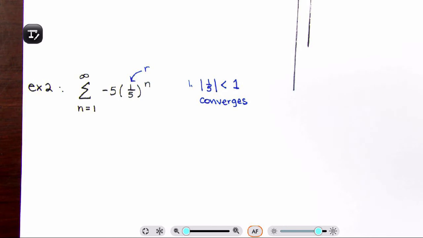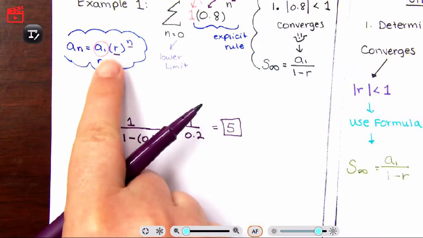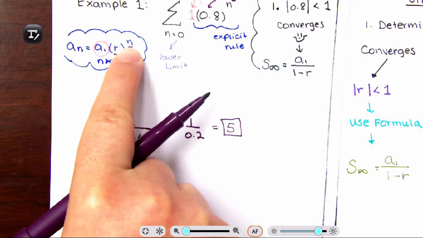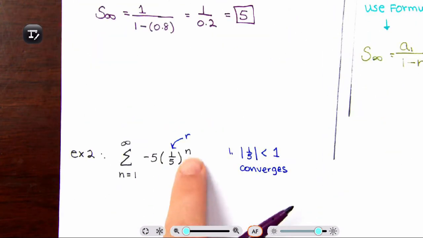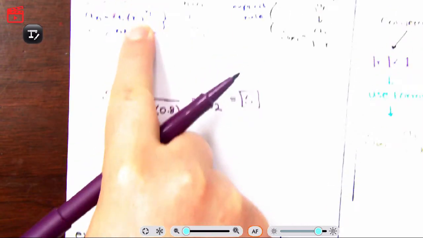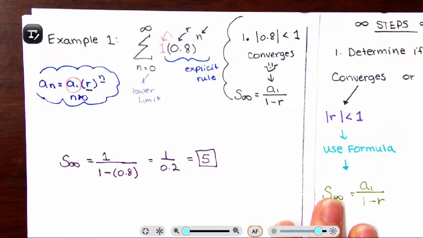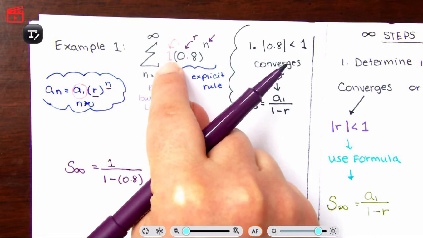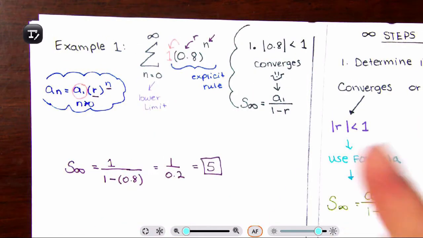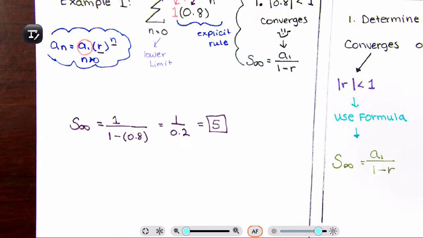One thing I do want to point out is the formula. I will actually scroll back up. Here's the formula. This is matching. How do I know? Because this is n and this is n. So that means this is r. This is r. So just like before, this is going to be our a sub 1, or our first term.